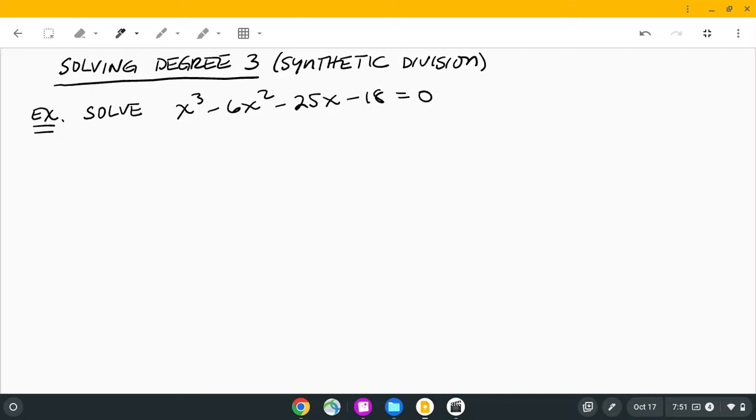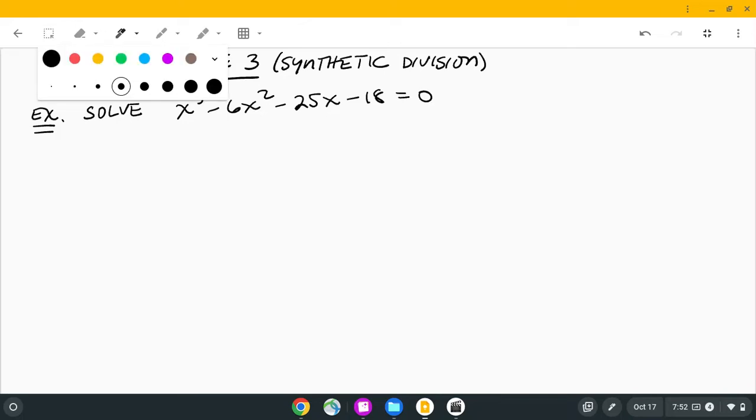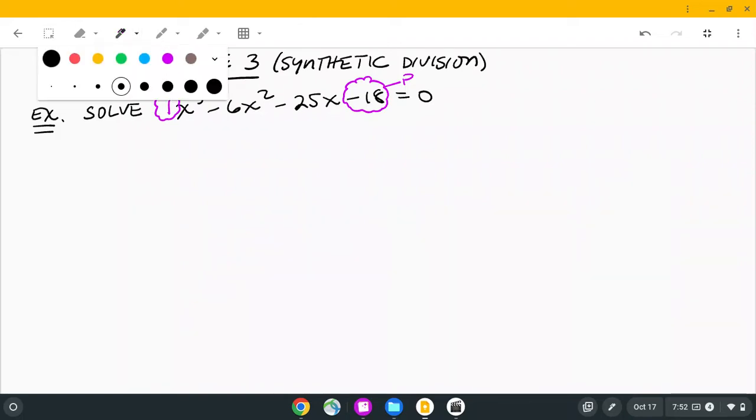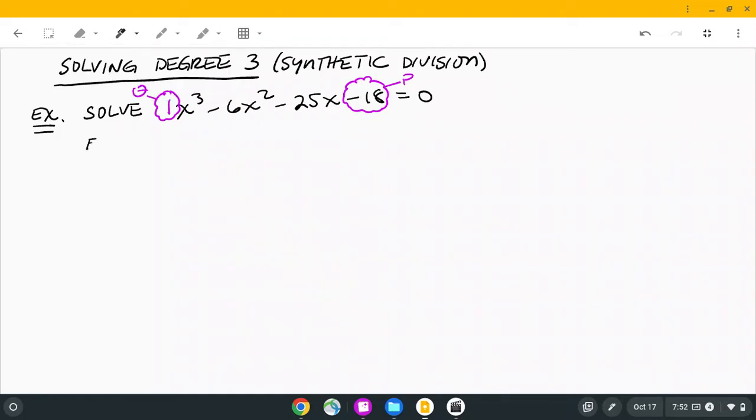Okay, all right, so let's list our factors of, here, let me put a circle around it. This is P. And this invisible one right here, this is Q.